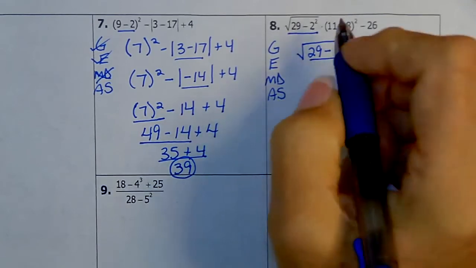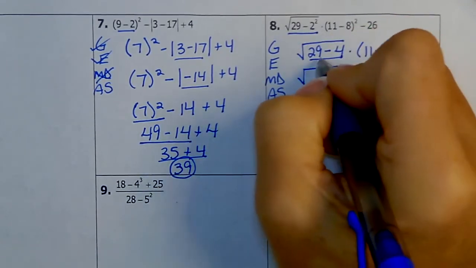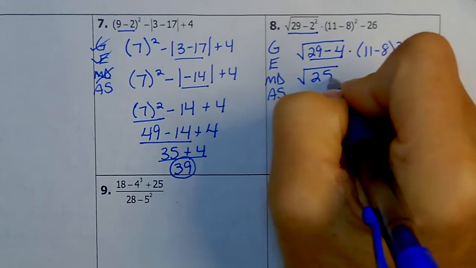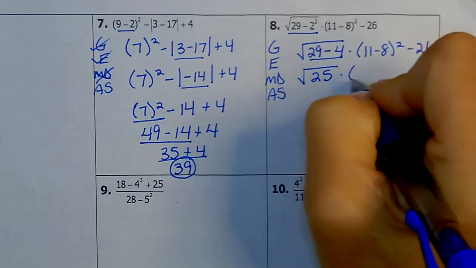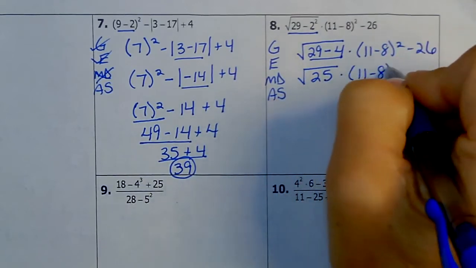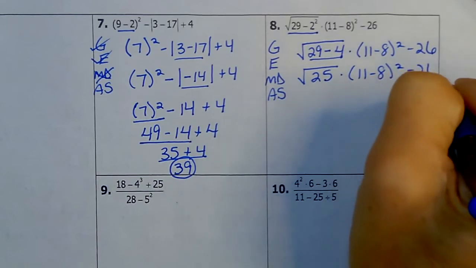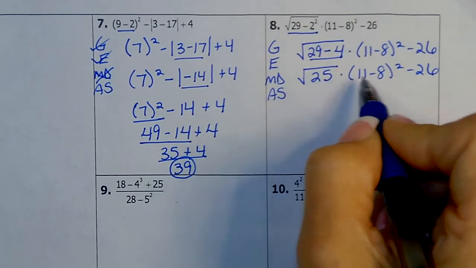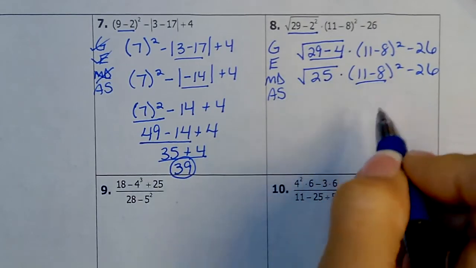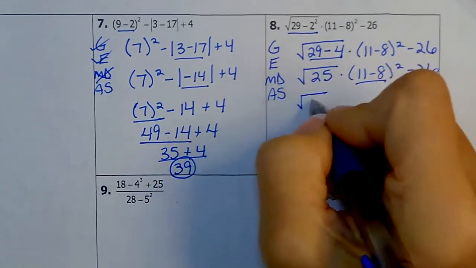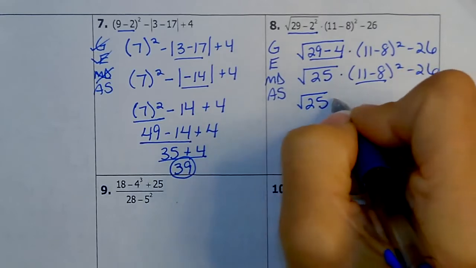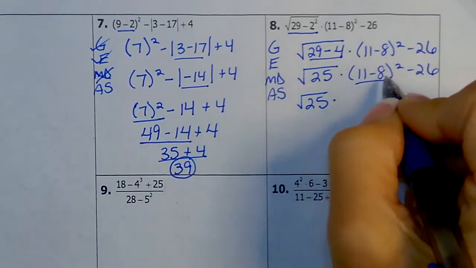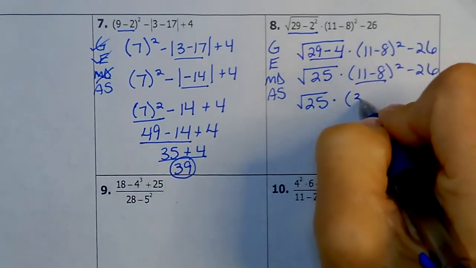And now I can take care of that. 29 minus 4 is 25. Okay, so that group is now taken care of, and we can focus on this group next. 11 minus 8 is 3.